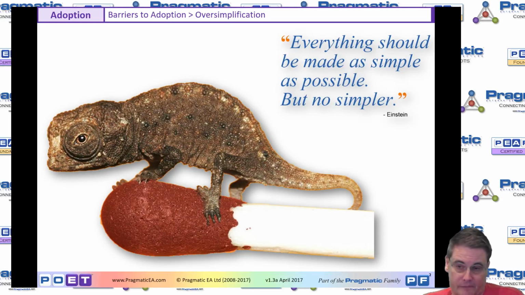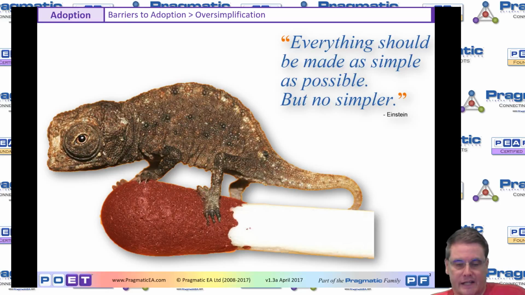So if you take something like PEAF, which is supplying you with only 20% of the things that you need, but this 20% is going to provide 80% of the benefit, because these 20% are the fundamental things you need to get right if you're going to be successful with enterprise architecture and you're going to be effective and efficient.